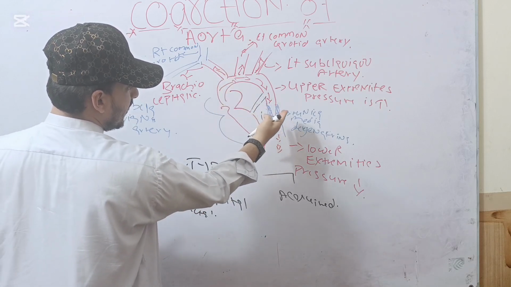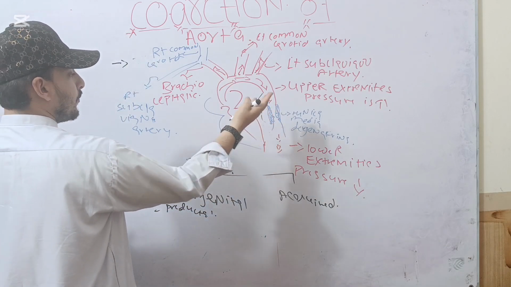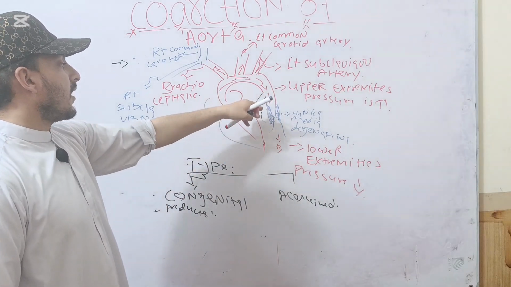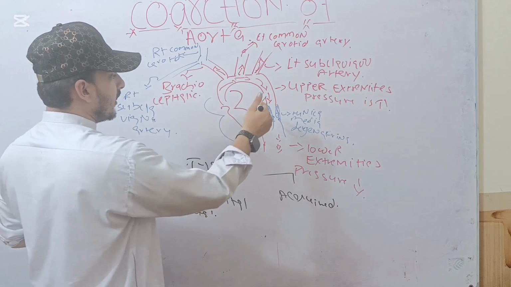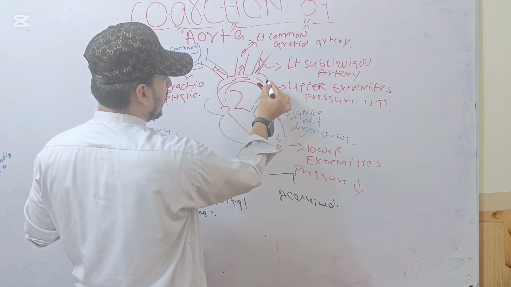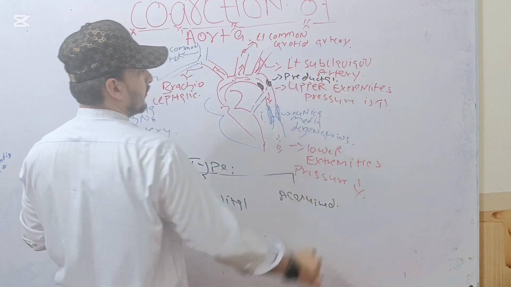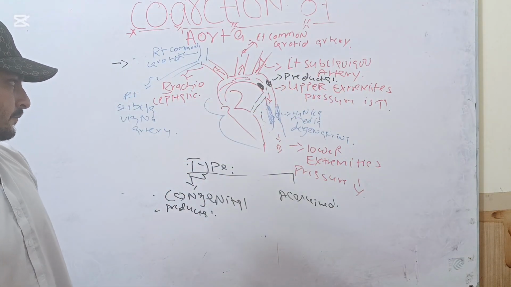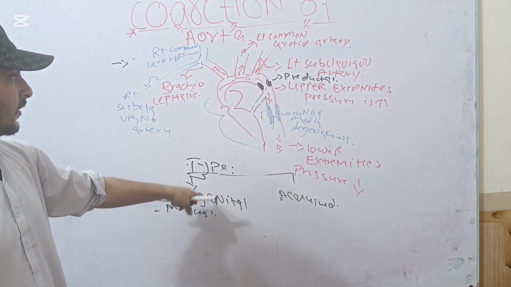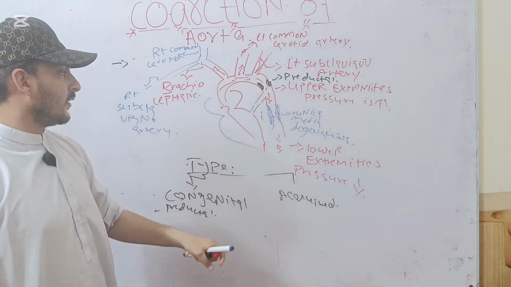If the narrowing of the aorta occurs distal to the ductus arteriosus, we call it postductal coarctation of aorta. If the narrowing occurs proximal to the ductus arteriosus, we call it preductal coarctation of aorta. In the fetus, the preductal type is the most probable.